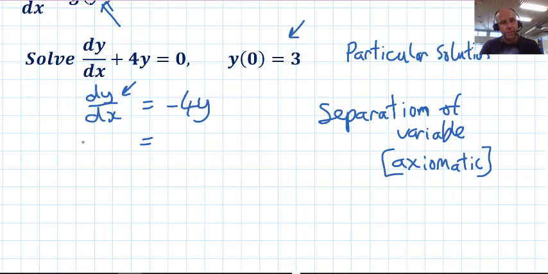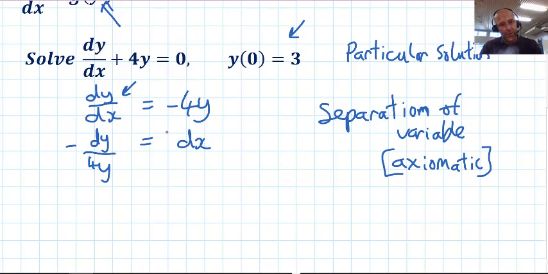So what I like to do is to rearrange this as negative, I just put the negative out there, I don't like putting it on the denominator, so dy over 4y, with the negative sitting out the front, equals dx.